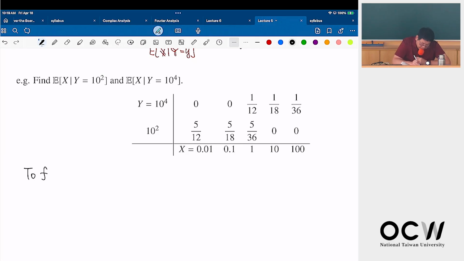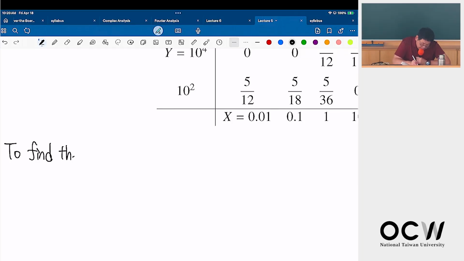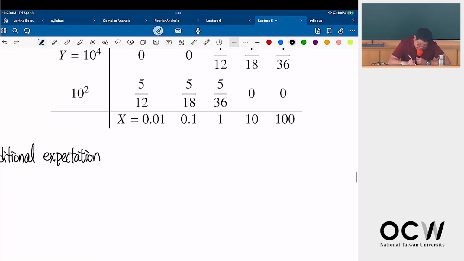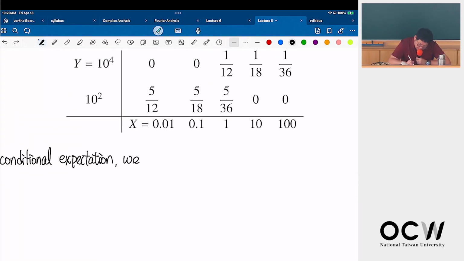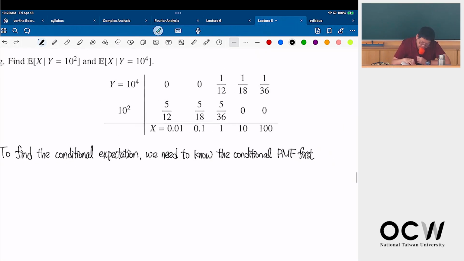So to find the conditional expectation, we need to know the conditional PMF.